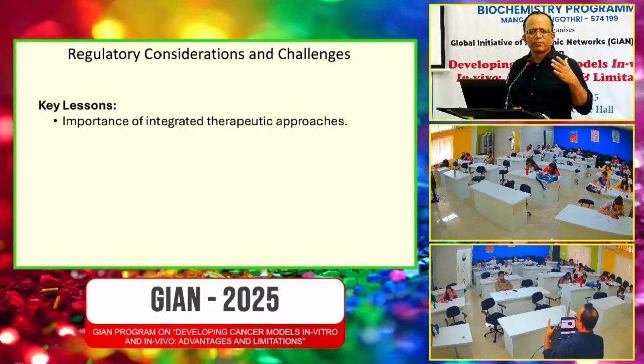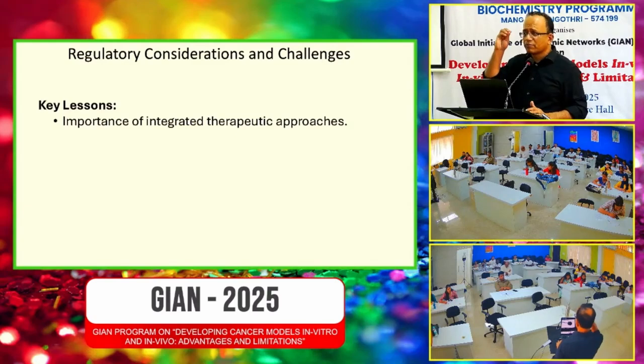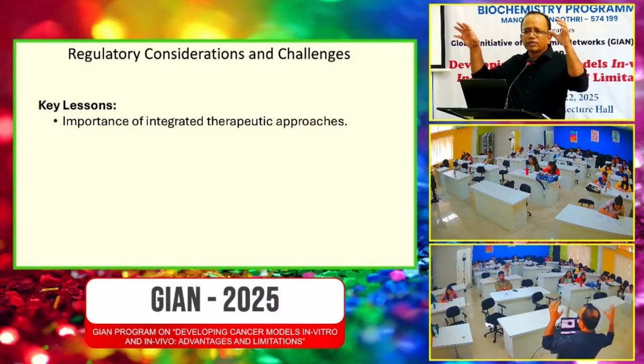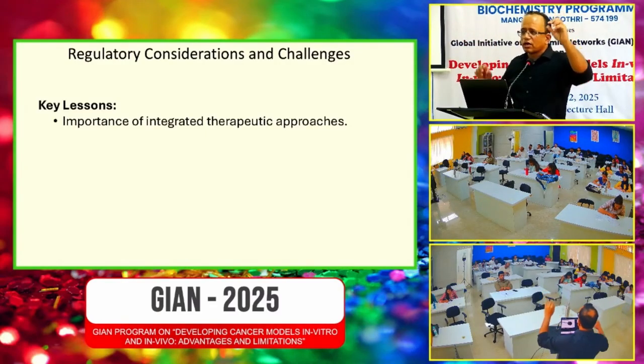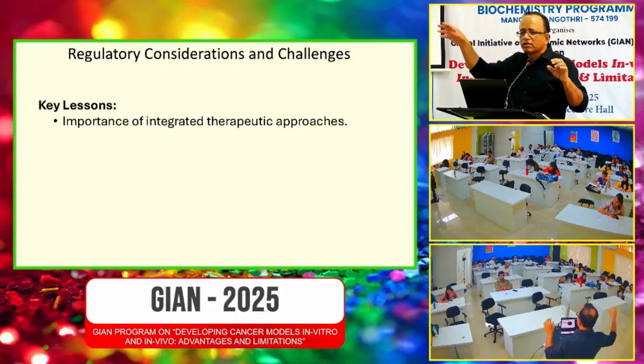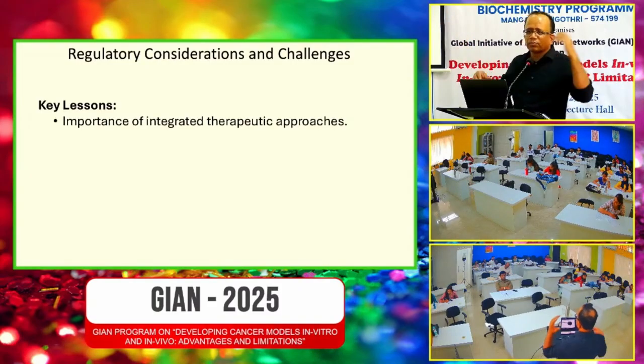Another key lesson here is integrating the therapeutic approach. In another laboratory, someone else may be doing some other type of therapeutic, probably the same drug. For example, a MEK inhibitor, right? In some other laboratory, another person published another MEK inhibitor and published differently. You have to collect that information. Trametinib is one drug, another one is a MEK inhibitor from a different company, AstraZeneca or some other company.